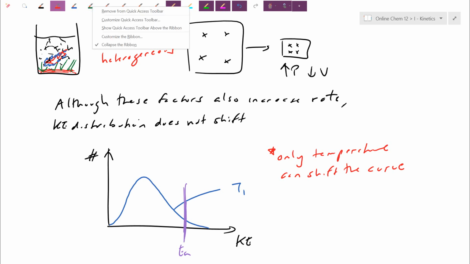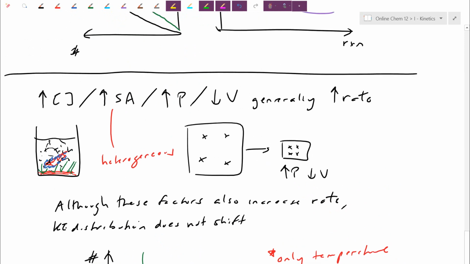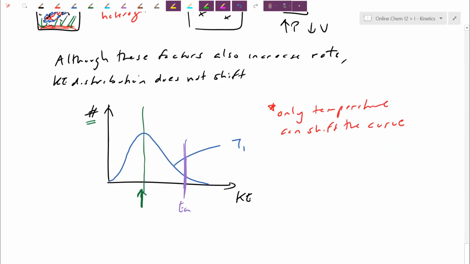What concentration has done here is it's just increased the actual number of particles. Since I'm plotting more particles, even though my average energy is not going to change, I'm still going to be at room temperature for all of my experiments. But as I add more particles, increase the concentration, as I powder it up, as I decrease the size of the container, all I've done here is increase the number of particles in the container, so I've actually made the curve taller.